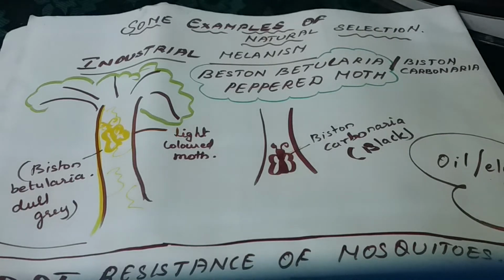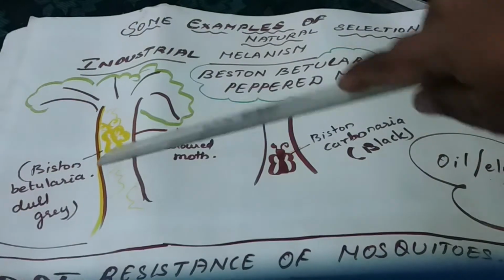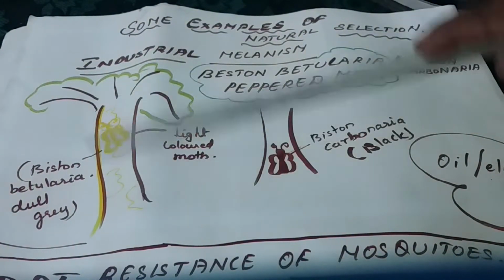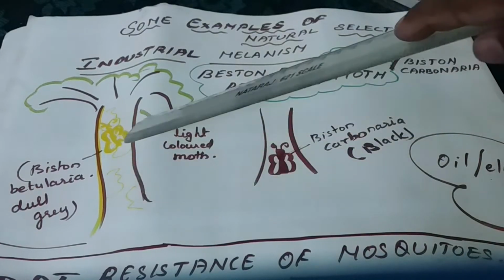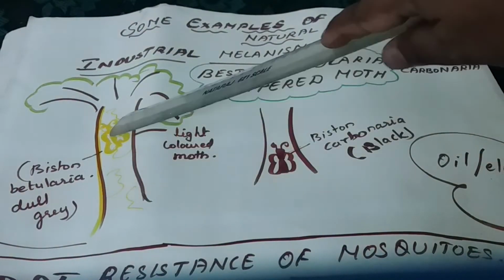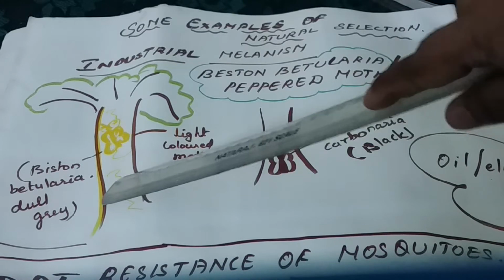Before the industrial revolution, in the early part of the 19th century, the peppered moth Biston betularia with a dull grey color was abundant in British woodlands, and it used to rest on the light colored lichen covered trunks of oak trees. You see here, these are lichen covered trunks. Before the industrial revolution, the environment was so clean and the tree trunks were covered by lichens.